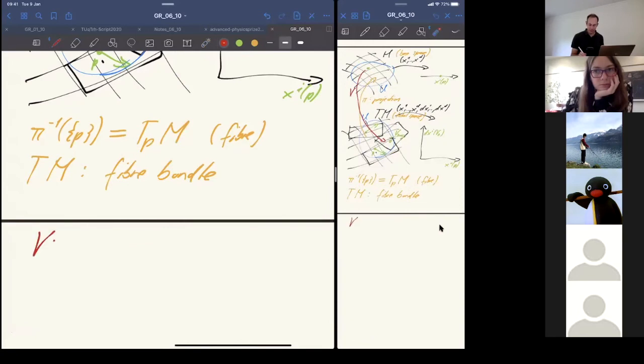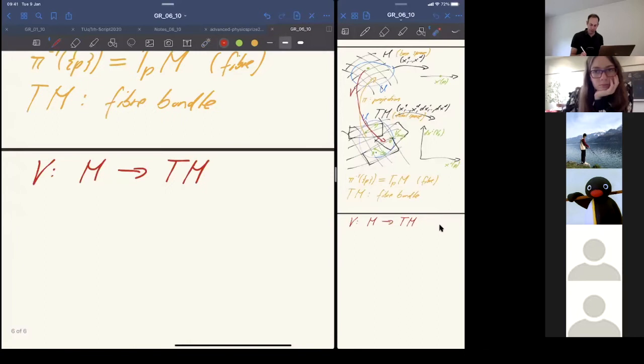V is a map from M to TM, which has two properties. First of all, V_p, the vector that you associate to the point P, should of course be a vector in T_pM.